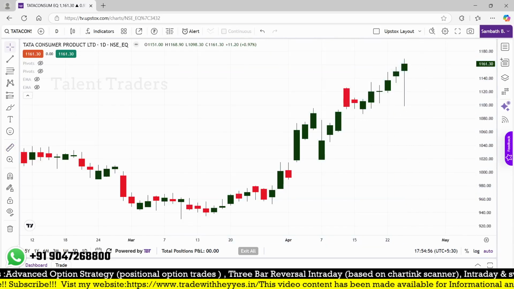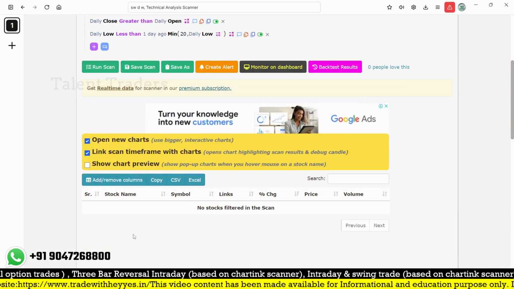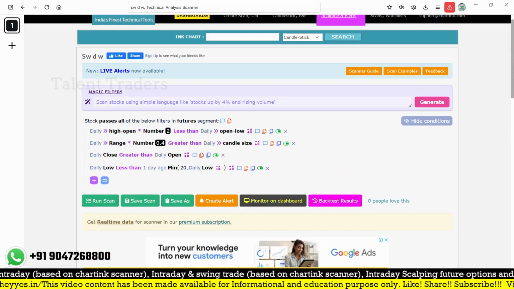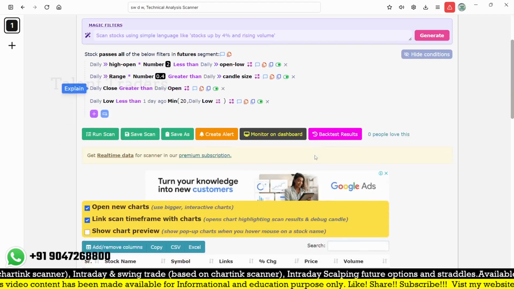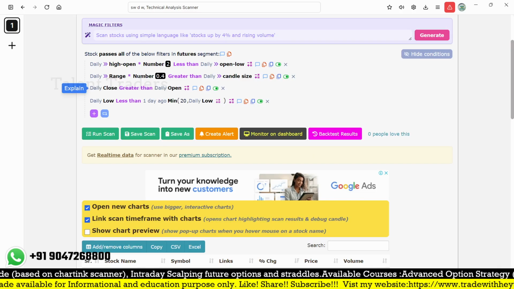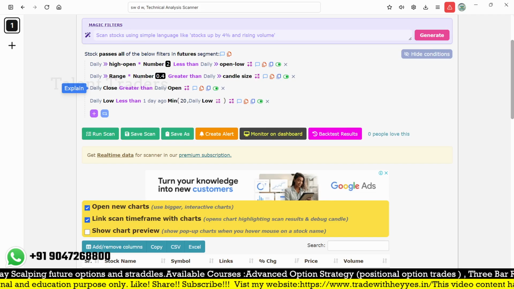Because these are swing trading scanners, which help you find stocks after the correction, if that particular pattern forms here. And this is available in our premium group, so you can search if anyone asks you where the scanner is present.